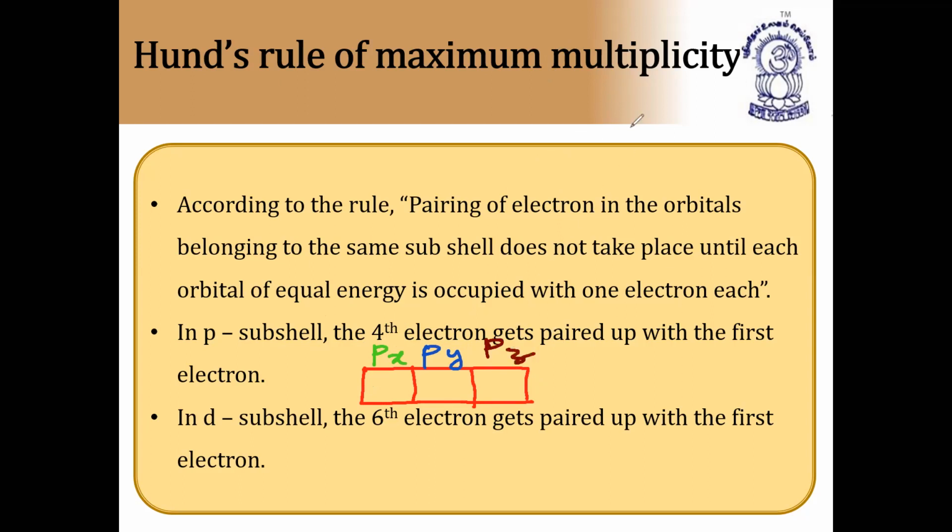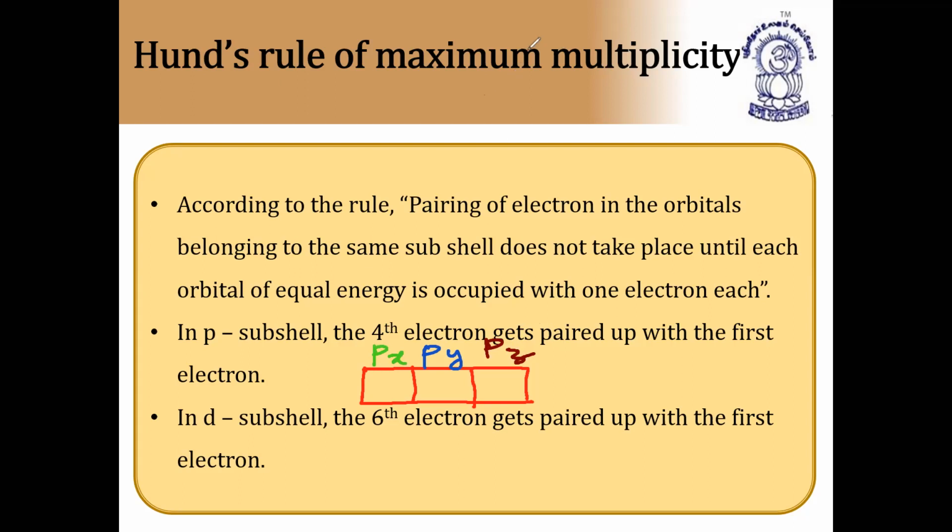Suppose, for example, the first three electrons: how will they fill up according to Hund's rule of maximum multiplicity? Pairing up only takes place when all the degenerate orbitals are filled first.